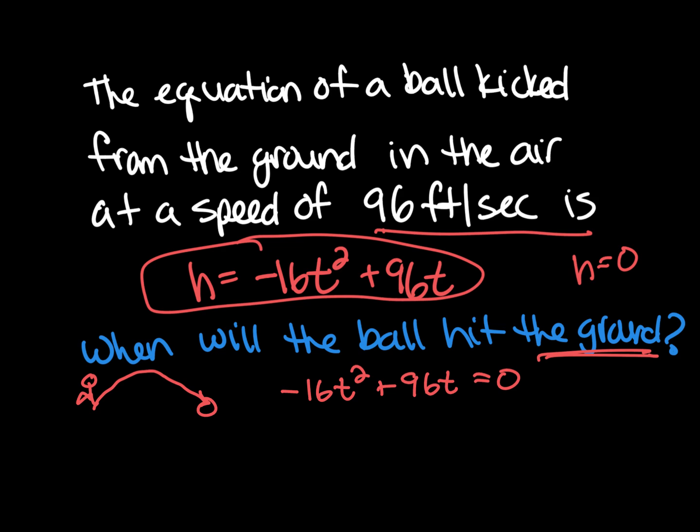I can see here that the GCF is negative 16 again. Oh, so what I noticed here, let me erase that. Not only do they have negative 16 in common, but they also have a t. So let me back up.